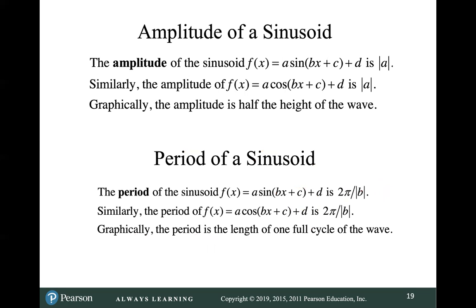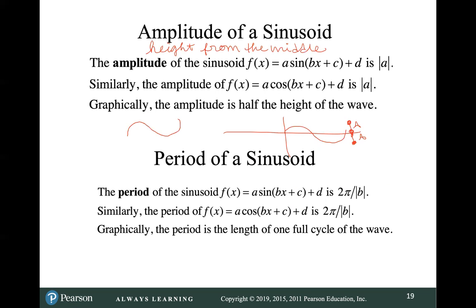Amplitude of a sinusoid, that's the height from the middle. So when we're looking at sine and cosine, if we look from the middle to the maximum or from the middle to the minimum, those are the amplitude of the wave. Now, it doesn't always have to be centered across the x-axis.